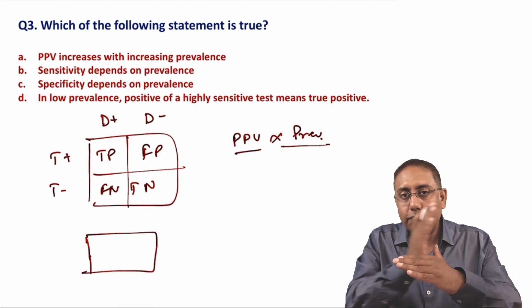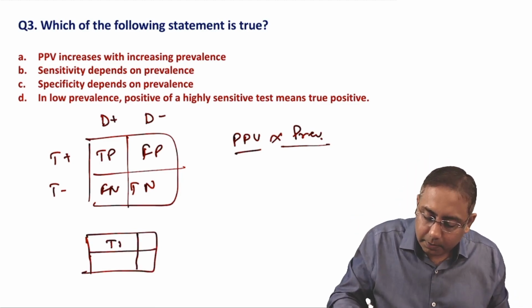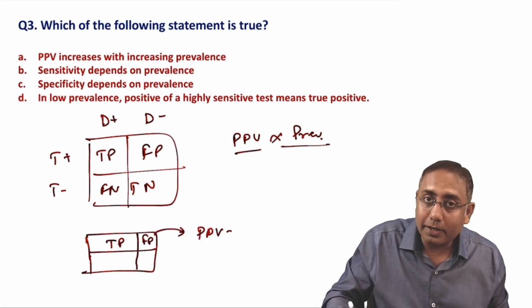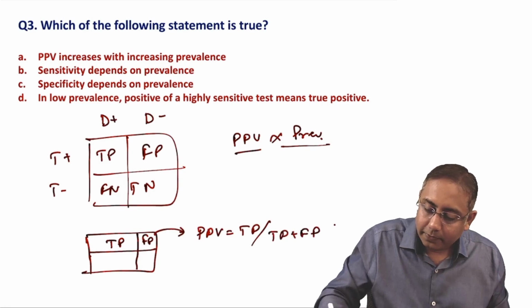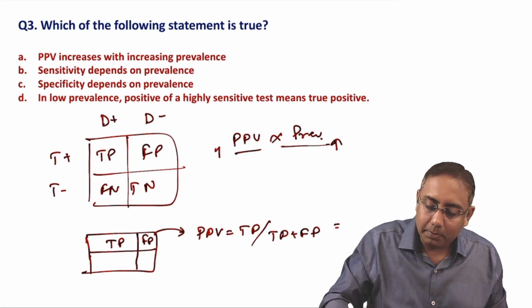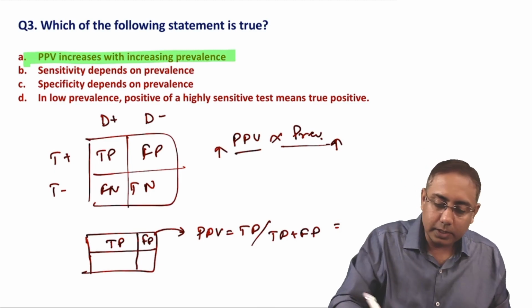The table will shift like this. So the TP will increase and the FP will decrease. So what is going to happen to the positive predictive value, that is TP divided by TP plus FP? The PPV will increase. So as prevalence increases, PPV increases. The first option is absolutely correct. So this is the true option.